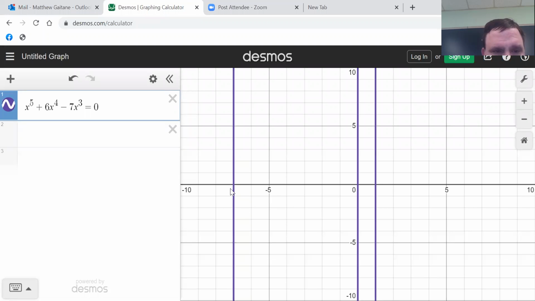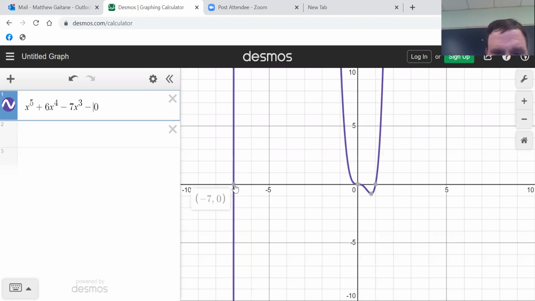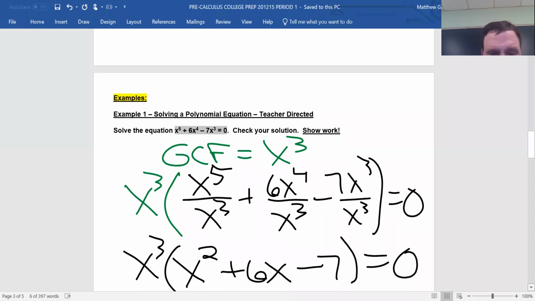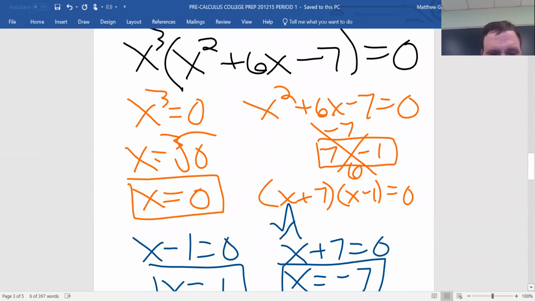If we change this to equal 0, you're going to see the intercepts more clearly: -7, 0, +1. Okay. So what you're going to do next is try example 2, and I'll be back to go over that.